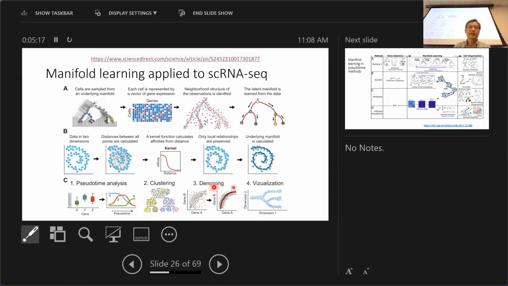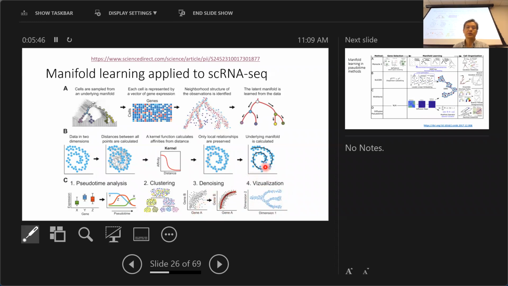What they found is that they can apply this method to re-establish pseudo trajectory and pseudo time analysis, and get better clustering, because you separate the cells by their similarity and also their relationship with others globally more clearly. Then there is denoising and visualization.